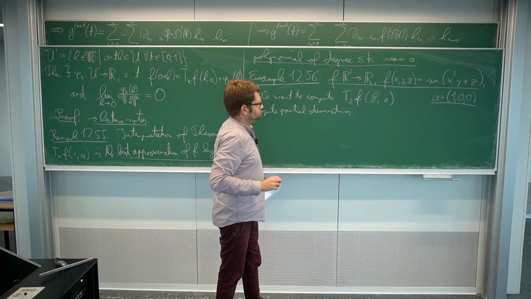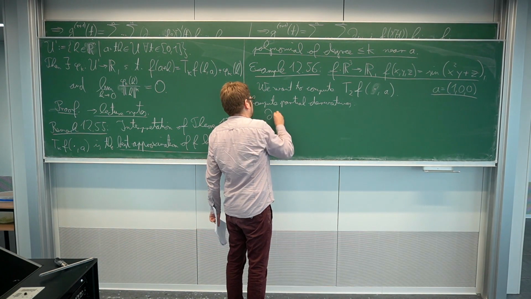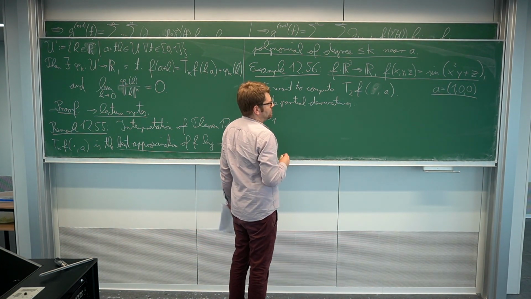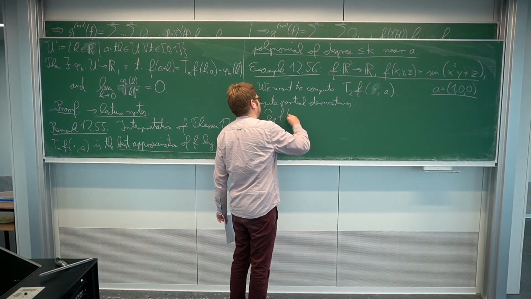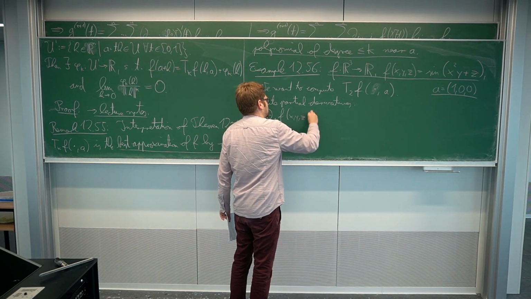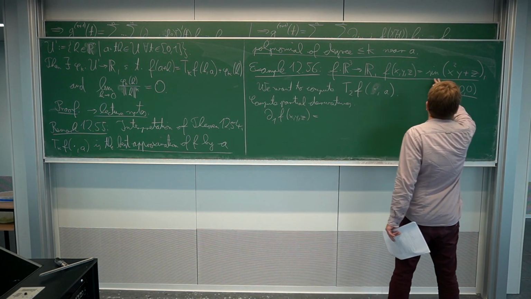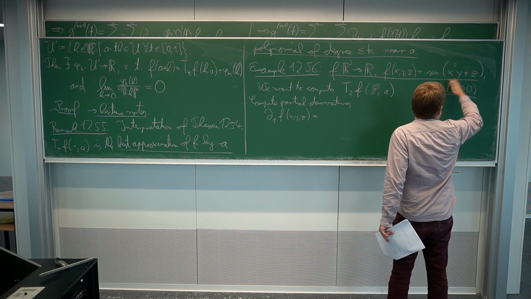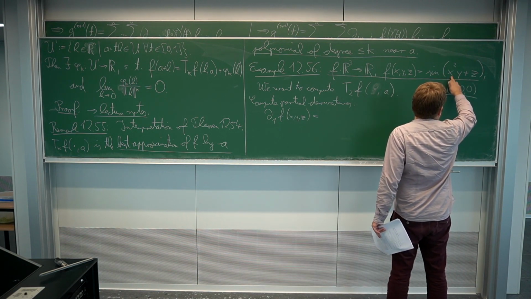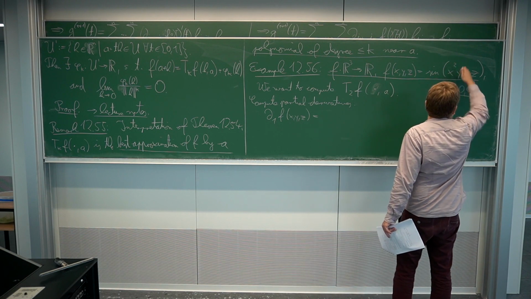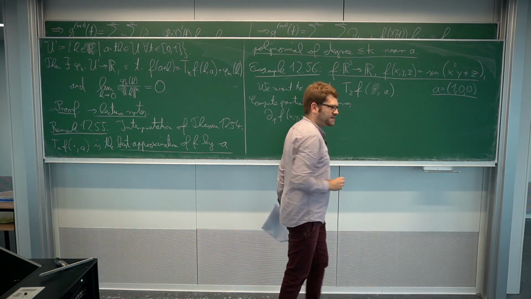So, the first order partial derivatives. d1 f of x, y, z: derive this expression by x, which by the chain rule is, first of all, the cosine of what's inside, and then derive the inside by x, and the derivative of x squared y by x is 2xy.